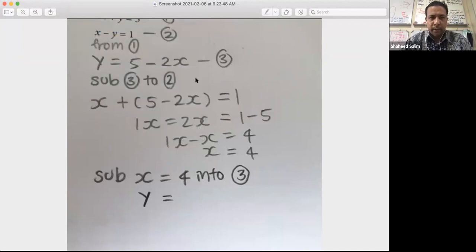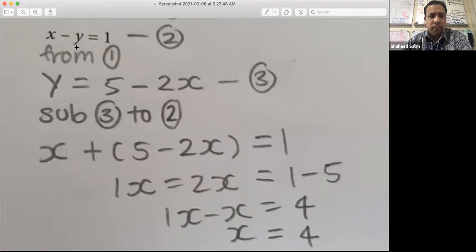Well done. Now you substitute 3 into 2. Let us look carefully at what 2 is. Equation 2 is x minus y equals to 1. Yours is x plus y equals to 1. Can you see the issue? You get what I'm saying?